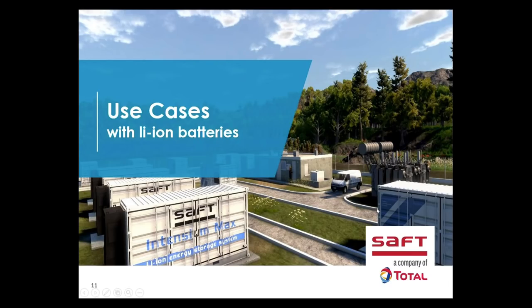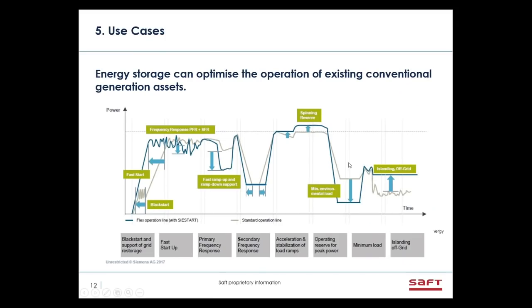With this being said on the figures, I would like to come to a couple of use cases, and now I switch more to the SAFT perspective. Well, the fundamental and traditionally most widespread family of use cases is energy storage in association with other generation modes, let it be diesel or photovoltaic, providing services to an electricity system that are traditionally provided by conventional systems.